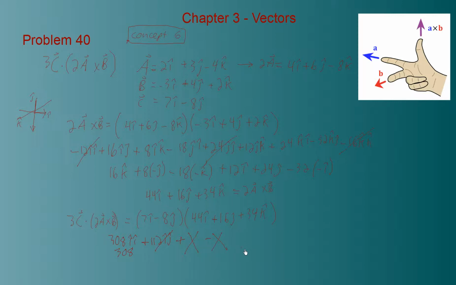And I messed something up. I can fix that though. Minus 128 j dot j, which is just 1, so that's minus 128. And then j times k is 0, so that's minus nothing. So we got 308 minus 128, but I messed something up. I forgot something here. Very easy to do.